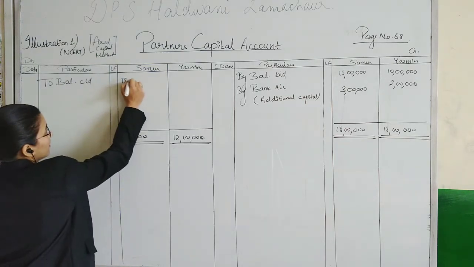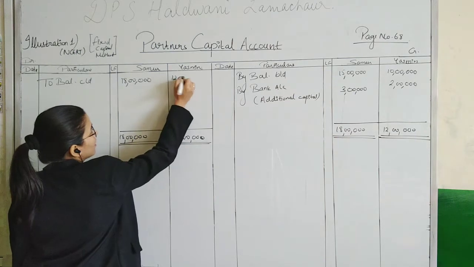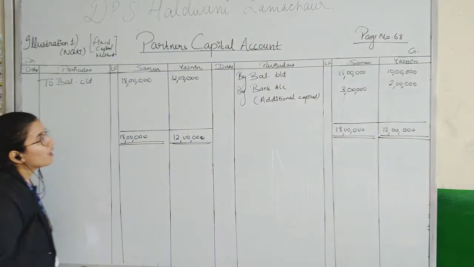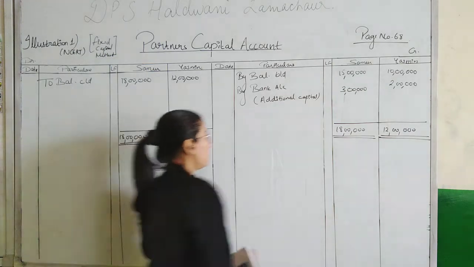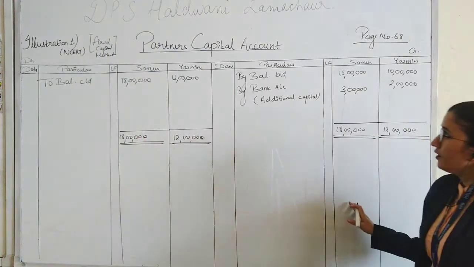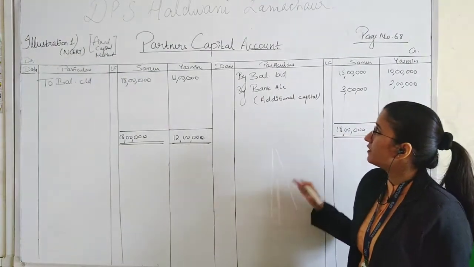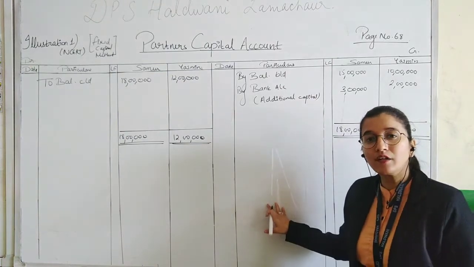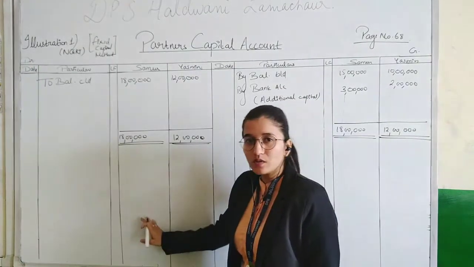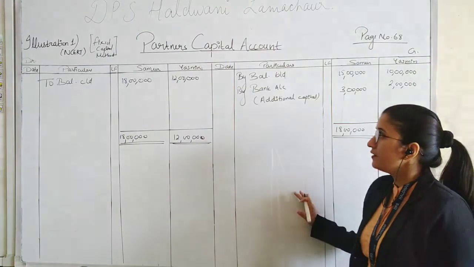The amount will be 18 lakh and 12 lakh. We can consider it as closing capital also. So here in the fixed capital method, we have prepared the partners' capital account where we have recorded the transactions related to the opening capital, closing capital and additional capital brought in by the partners.